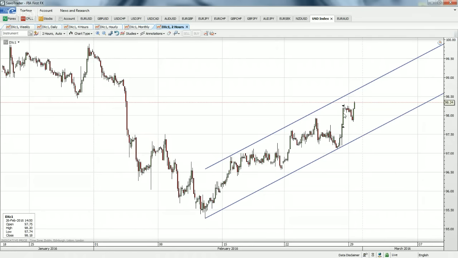Now, what DeMark says is that it doesn't necessarily have to correct from the 9 count. It can correct up to 4 candles afterwards, and that's why most people don't trade 9s, okay, because they're not guaranteed to work. I know nothing's guaranteed to work, but there's a very good chance that they're going to extend.